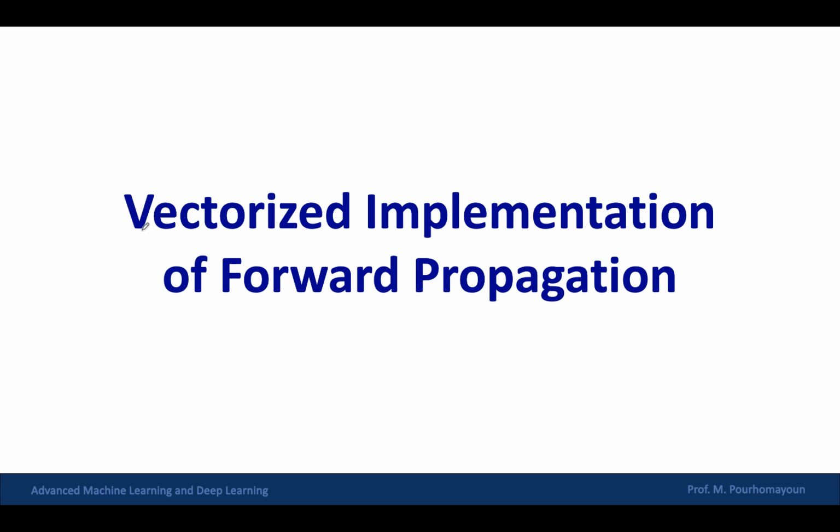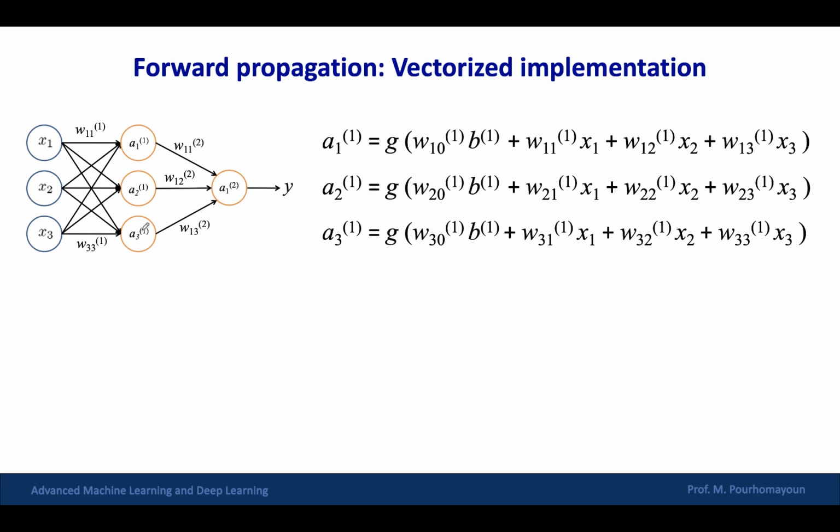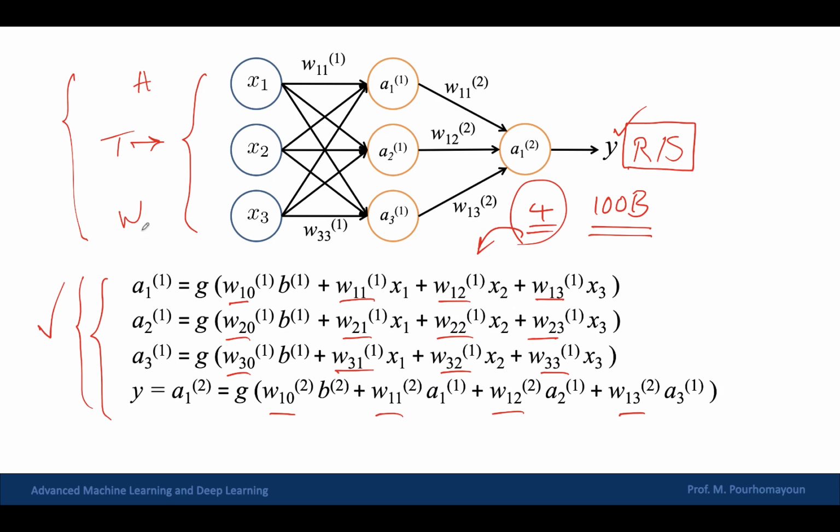Vectorized implementation of forward propagation. By the way, this is called forward propagation because we move forward in our network. Okay, we propagate the inputs by moving forward into the network.